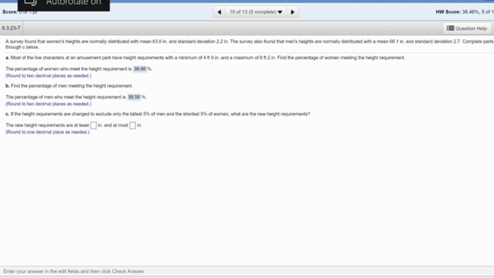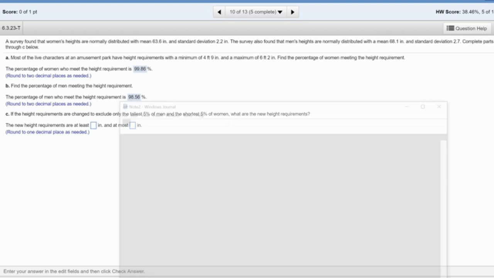It says they're going to change the height requirement so that the maximum height comes from the tallest 5% of men, and the minimum height comes from the shortest 5% of women. So we have to find those two values.